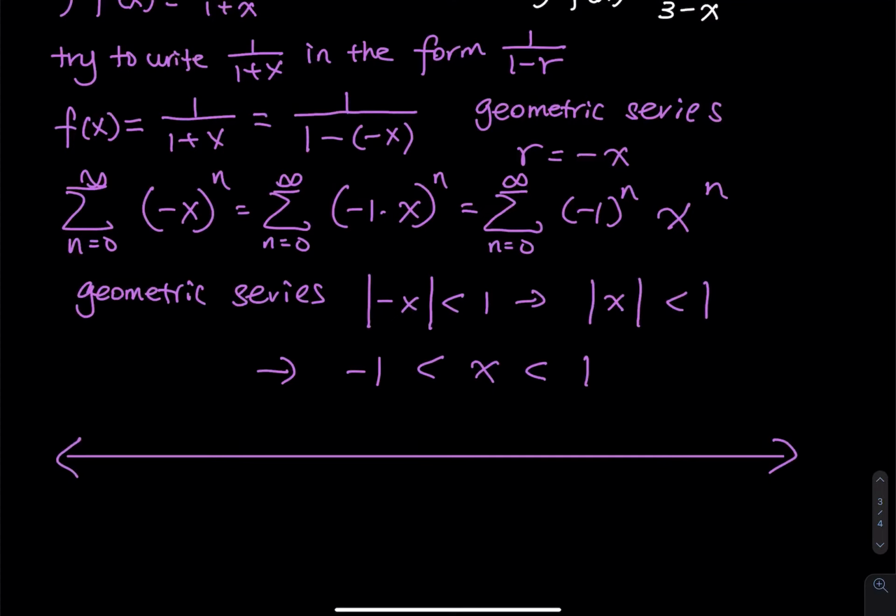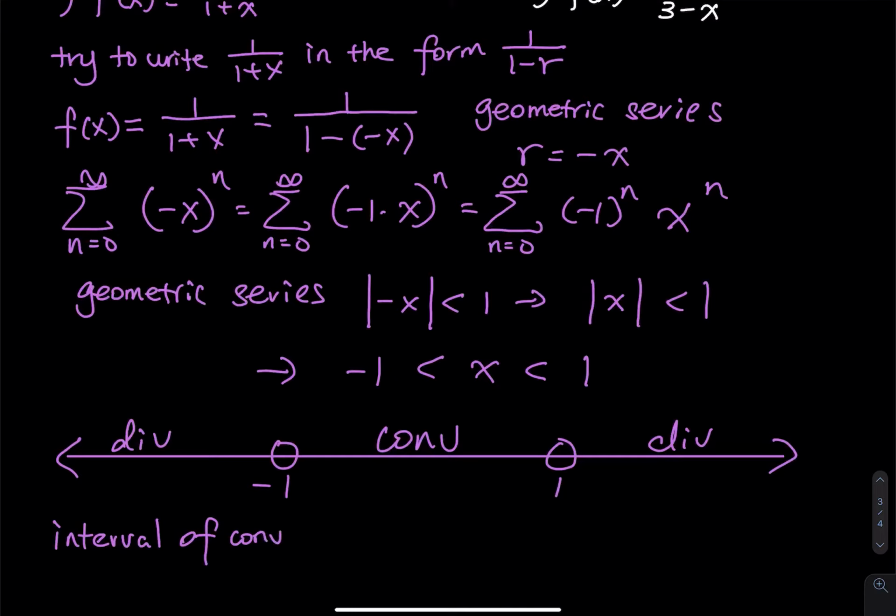So we have x from negative 1 to 1, and this is convergence, and this is divergence, this is divergence. So overall, the interval of convergence is that x is between negative 1 and 1.